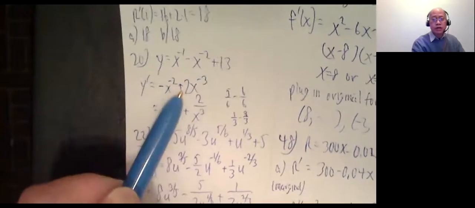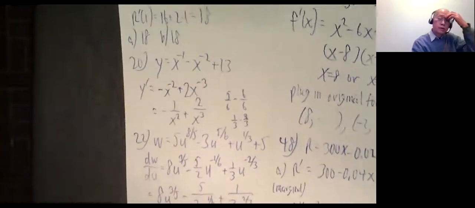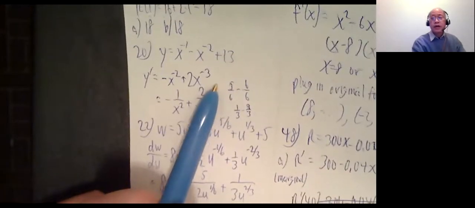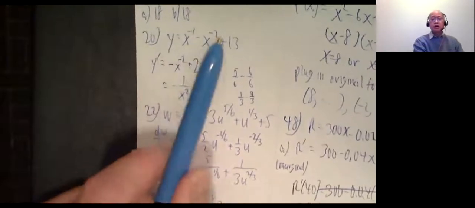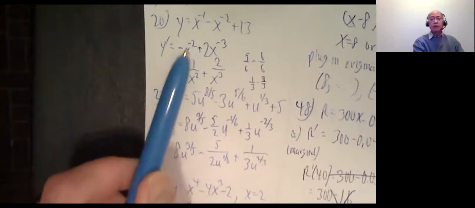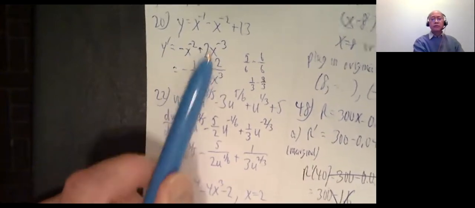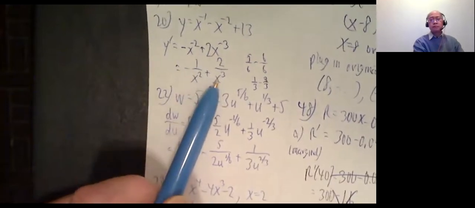Negative 2 times negative 1 is a positive 2. x to the negative 3. Plus the derivative of 13 is 0. Okay. And yes, this time you are allowed to leave your answer like this because the problem started off with negative exponents. But if you want to keep going, I don't mind. So how do you keep going? Negative exponents go in the denominator. So negative 1 over x squared plus 2 over x cubed. So that's how you would do that.